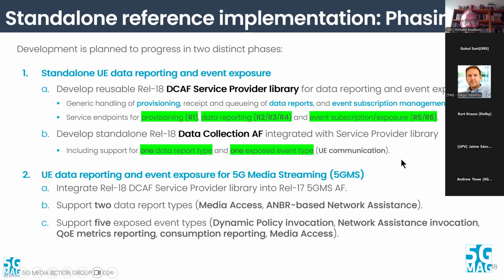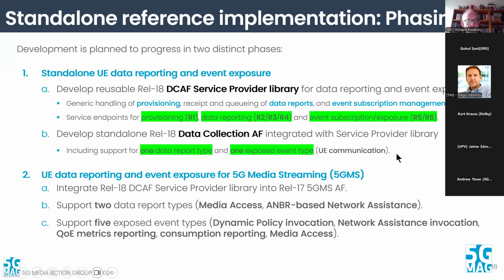It's called UE communication. And what that does is that an individual UE, as you're moving around the network, works out how much data it's uploading and downloading, and it reports that back periodically to this data collection AF, and then it can spit out some events to event subscribers. So that just demonstrates a complete end-to-end chain of events.